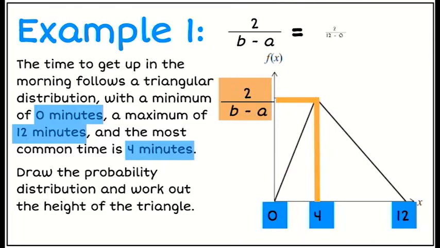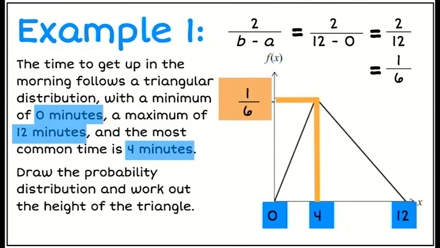So we substitute that into our formula, and now we want to simplify. 12 take away 0 is just 12, and 2 over 12 simplifies to 1 over 6. So that is the tallest height of the entire triangle. And that will mean the whole area underneath that triangle gives a probability of 1, because that's one of our key ideas behind it all.